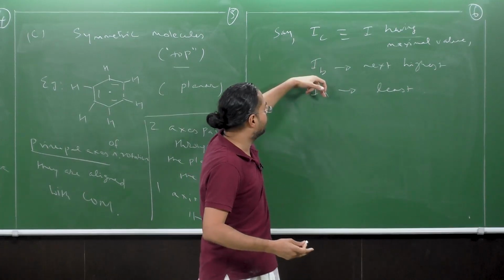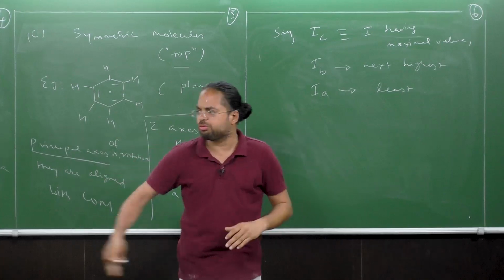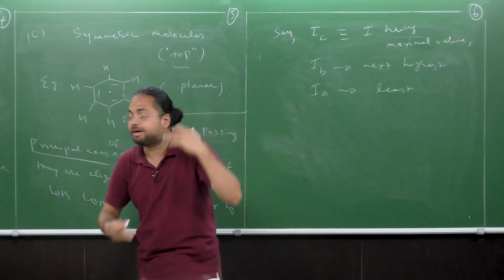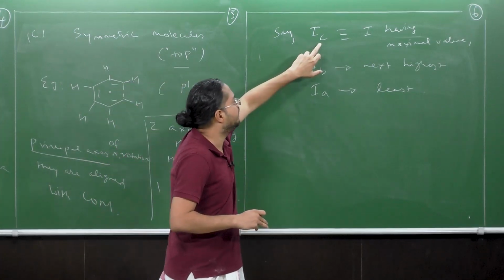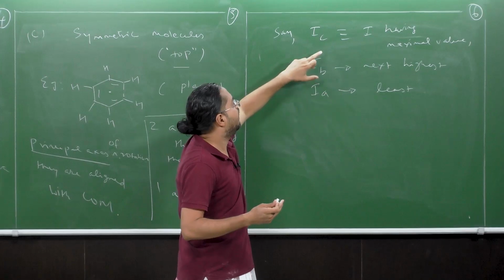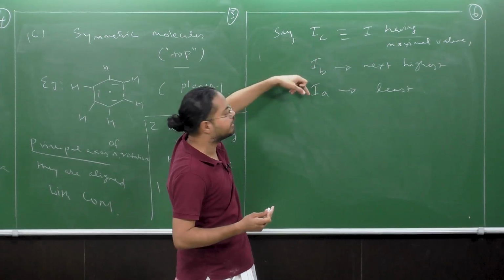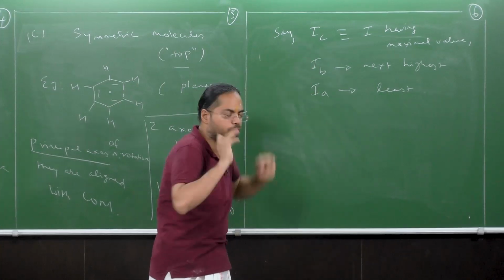So in decreasing order. Whenever you read any book on spectroscopy, or a book on spectroscopy for astrochemistry, you should always be seeing these notations IC, IB, and IA. Just recall the convention that IC is greater than or equal to IB, which is always greater than or equal to IA. So C is the larger one, and A is the least one.